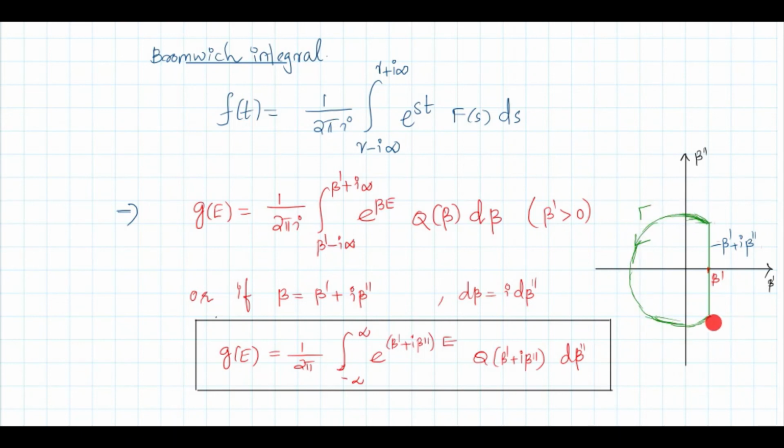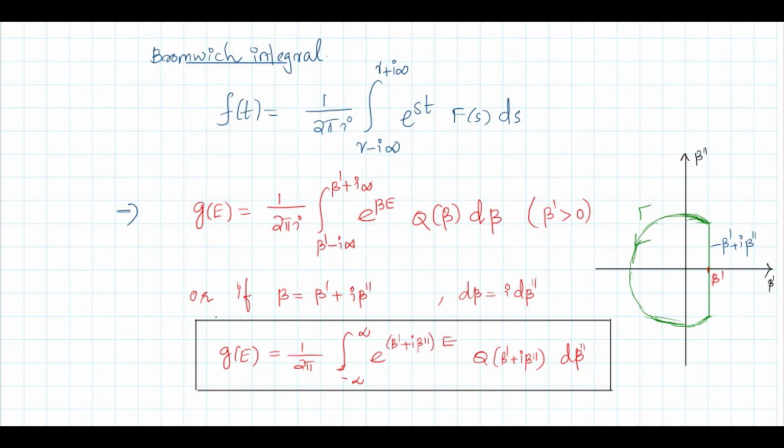You close it using a semicircle, and if you can prove that the integral over this semicircle will vanish in the limit where the radius tends to infinity, then the closed contour integral will give you the value of this straight line integral, provided the contribution from this semicircle gamma vanishes in the limit where the radius tends to infinity. So we will calculate the density of states using this Bromwich integral in the next session for a system of ideal gas.